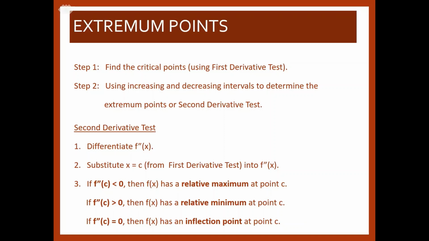If f double prime is less than 0, or negative, then the function has a maximum point. If f double prime is greater than 0, or positive, then the function has a minimum point. If f double prime equals 0, then the function has an inflection point.